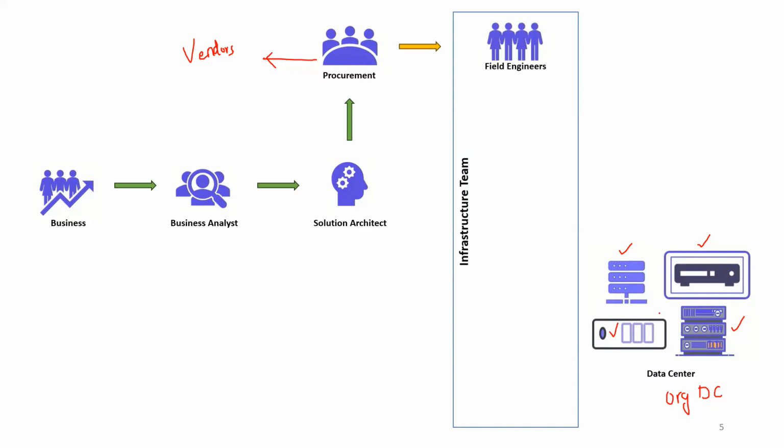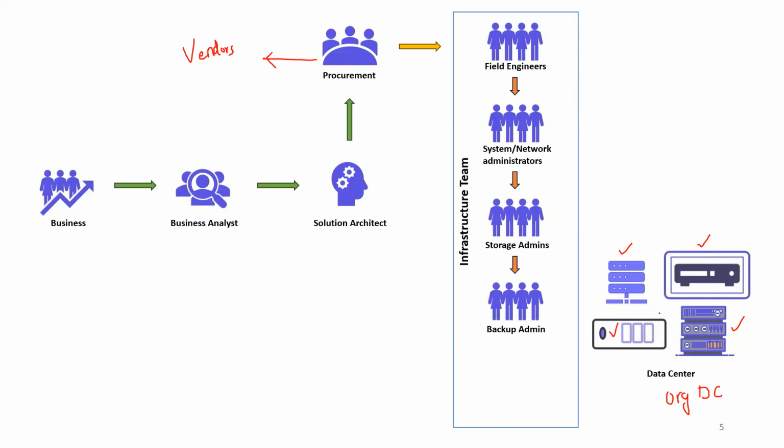The field engineers are in charge of the rack and stack of the equipment, and then system admins will take care of the initial system configurations. Network admins will take care of the networking, such as making the system available over the network, and the storage admins will take care of the storage for the application as well as the hardware. Backup admins will take care of the backup of your entire resources.